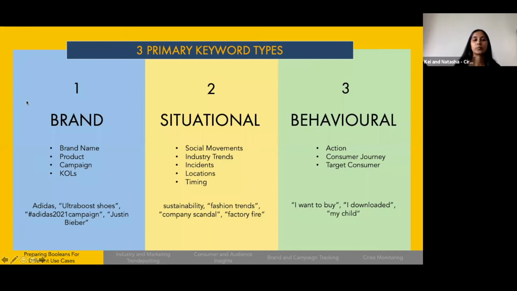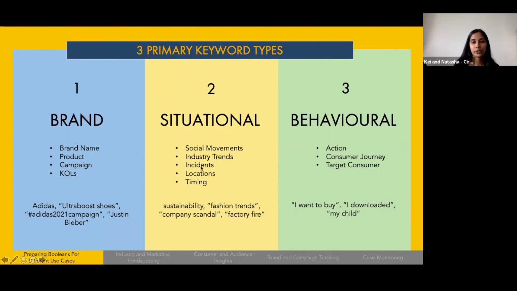So these are things like your brand name, your products or services, your social media campaign names or hashtags, or even key opinion leaders or influencers. So a few examples would be things like Adidas for your brand name, Ultra Boost shoes for your product, maybe a campaign hashtag such as hashtag Adidas 2021 campaign, and maybe influencers like Justin Bieber, for example.